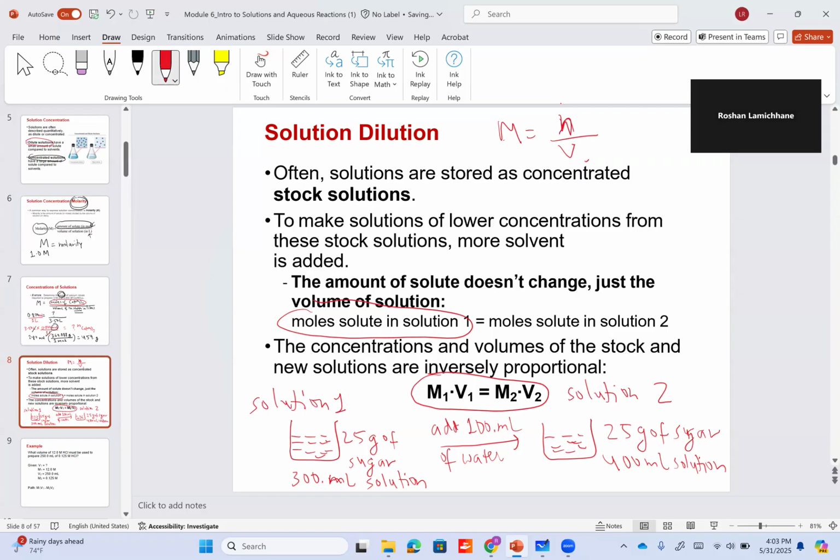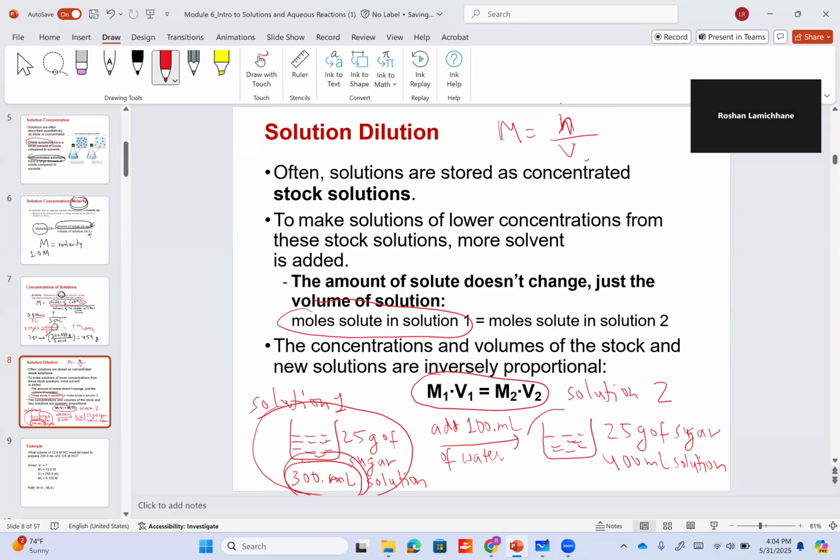M1V1 equals M2V2, meaning that M1 is the initial concentration of sugar in this solution, V1 is the volume of this solution, M2 is the final concentration of sugar in molarity in solution 2, V2 is the total volume of the solution, which in our case is 400 milliliters. Right? So this equation is called the dilution equation, and we'll use the dilution equation to see what kind of problems it's going to look like in the next couple of slides.